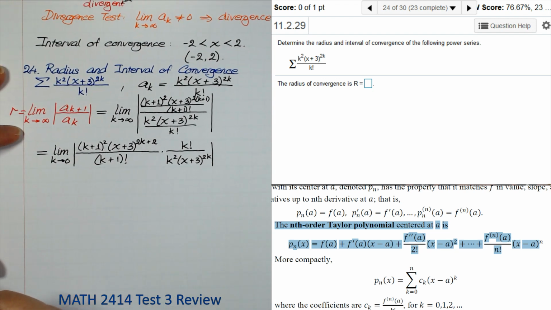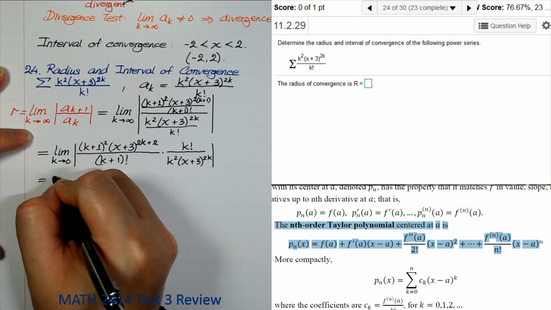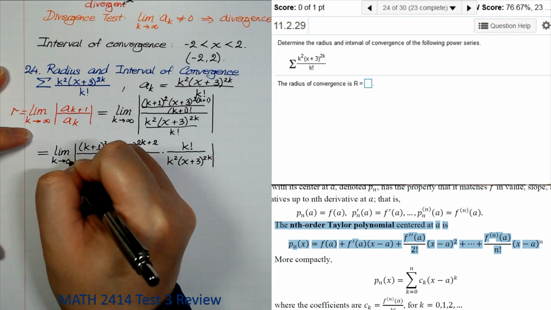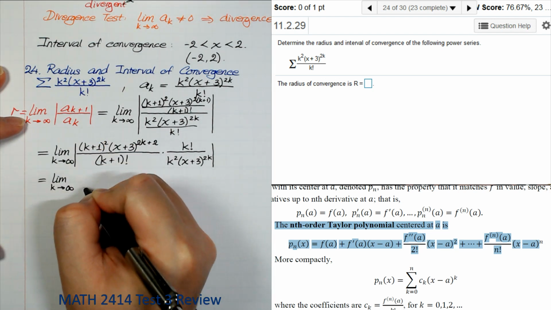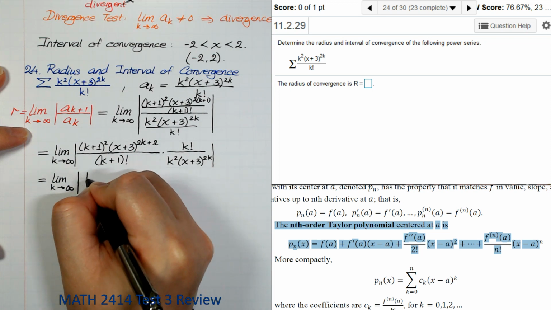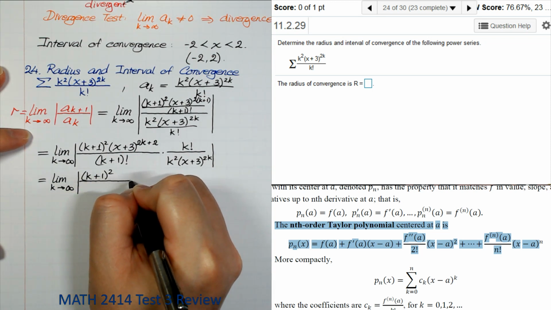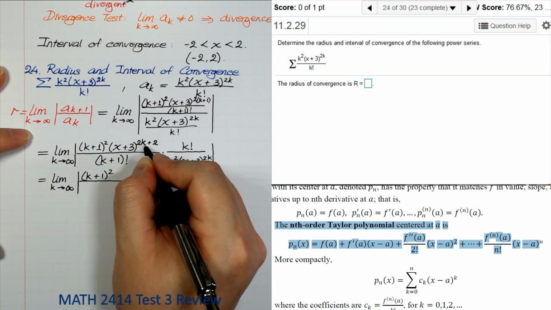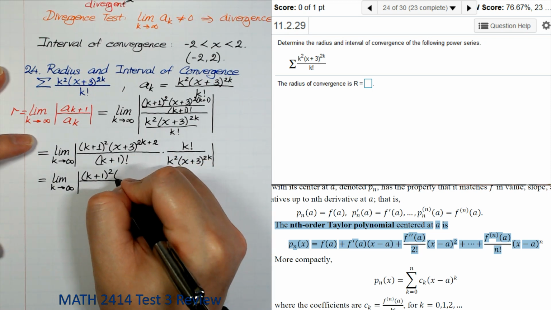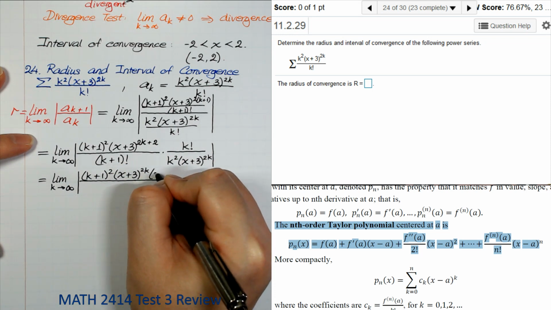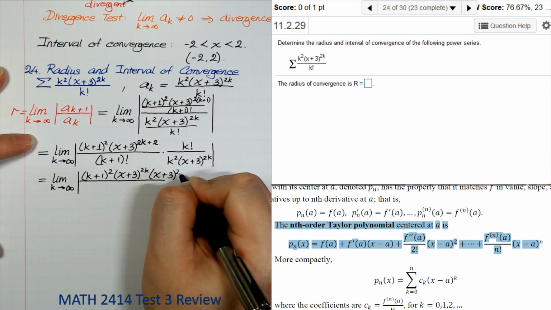Go to infinity, sorry. Right, k plus 1 squared, we cannot really do anything with it. This one though, plus 2, so we can say x plus 3 to the 2k, then x plus 3 squared.